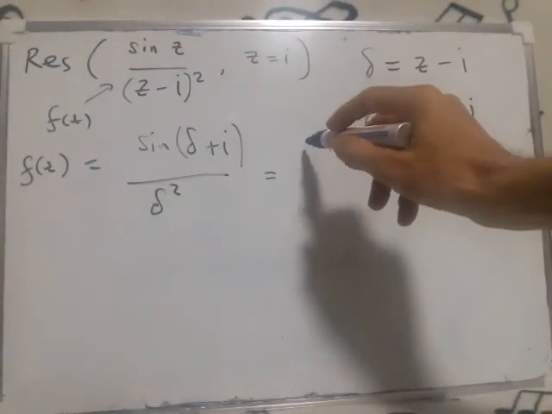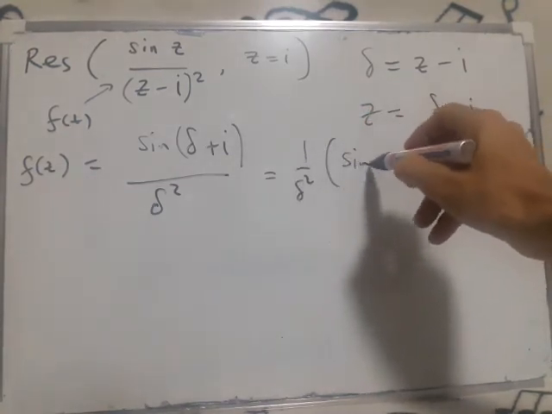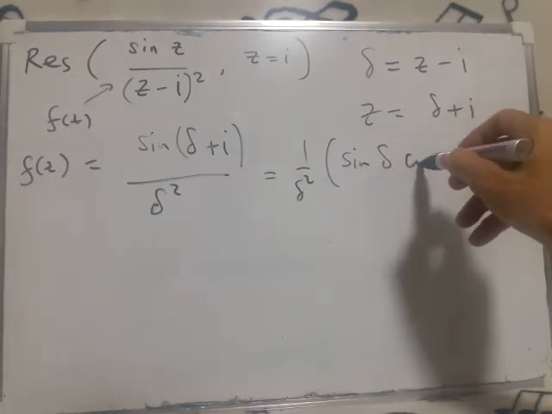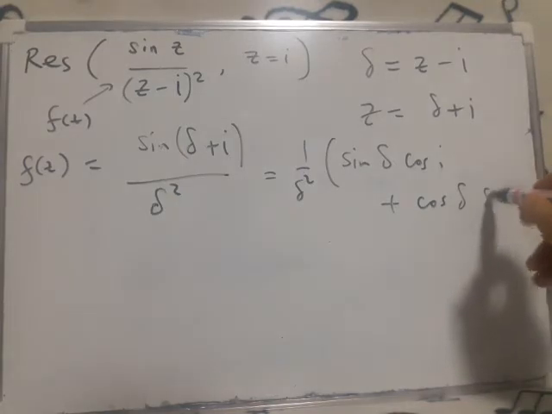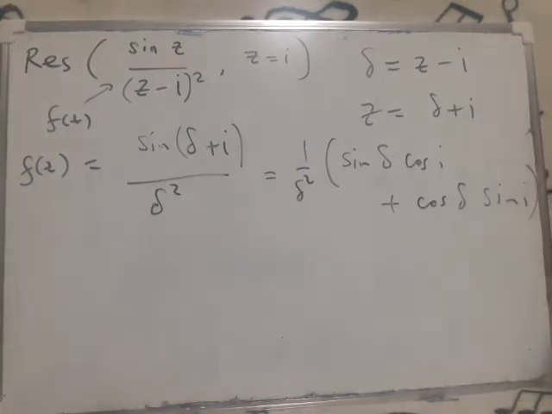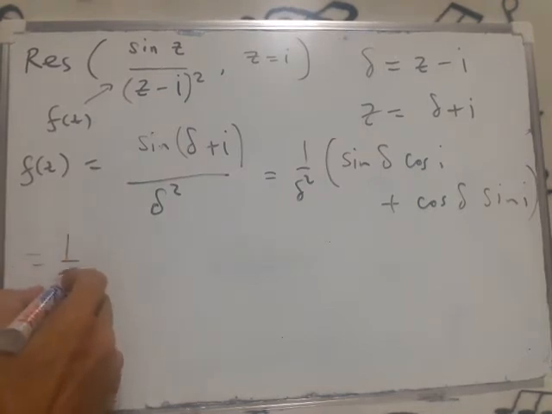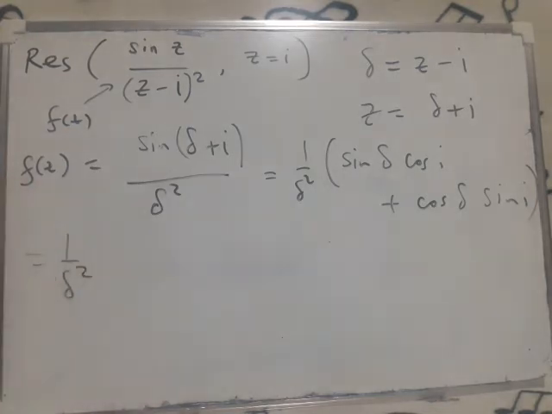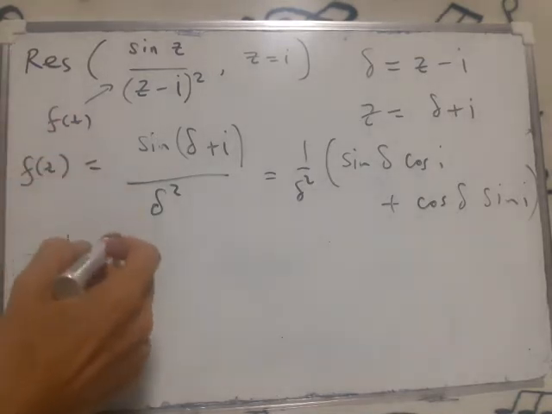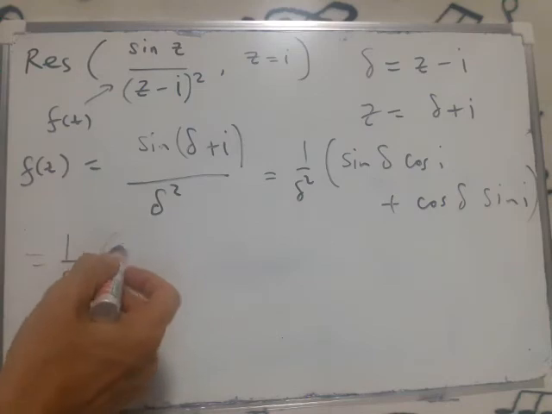And sine of delta plus i is sine delta cos i plus cos delta sine i. So sine delta and cos delta we can now expand using the usual Maclaurin expansion.